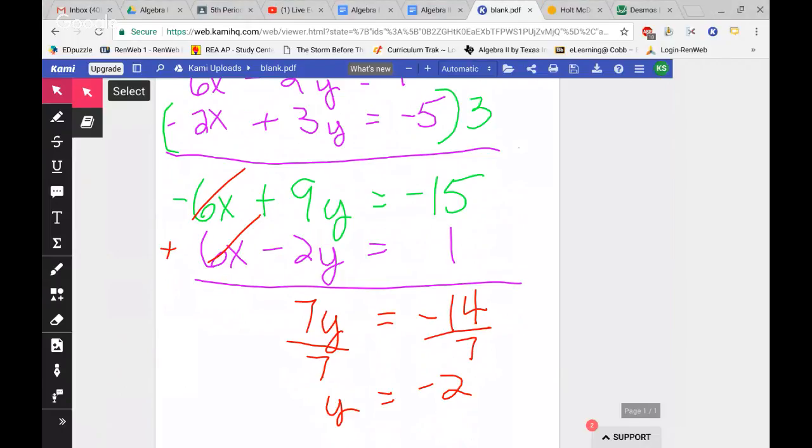Then I'm going to substitute it back into the original -2x one.